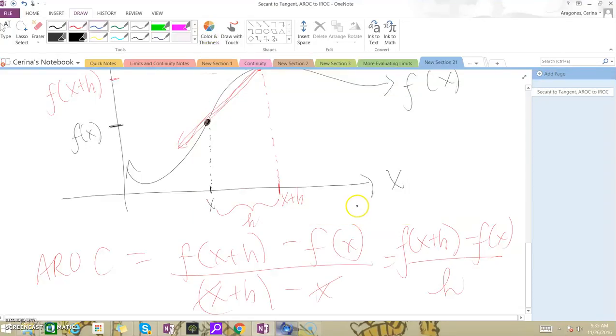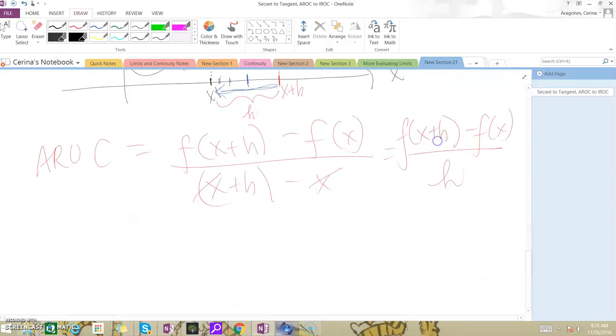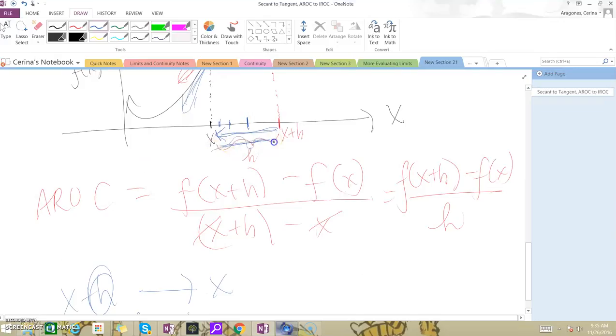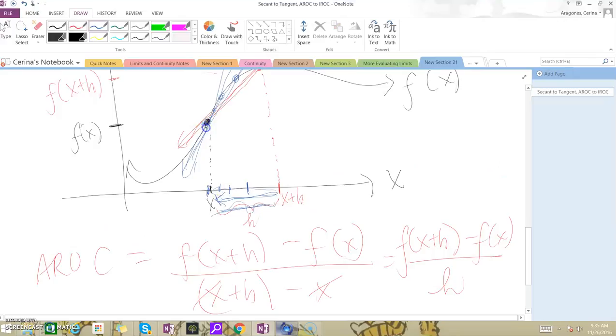Now, to get a more and more accurate rate of change, we just draw another x value that's closer. So here's another closer x value, and a closer one, and a closer one. And what we're really trying to do is bring our point so close to x. We want to let it approach x. We want x plus h to get really close to x. To do that, h has to approach 0. We want this distance right here to be so small that we're essentially on the point that we want.